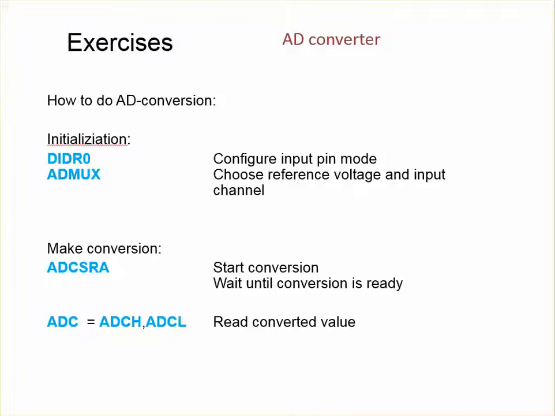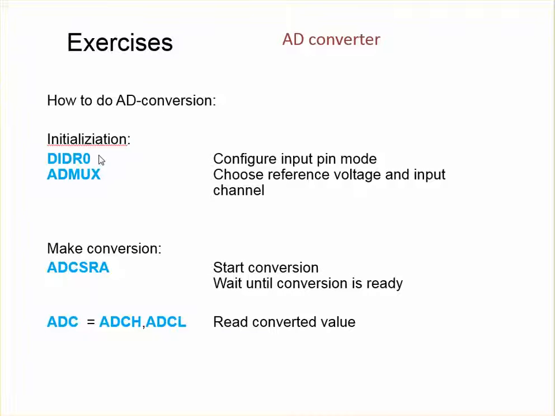First we have to do some initialization. We have to configure the input pins to the mode that we want, and if we would like to use some of the input pins for our analog voltage, we have to configure those input pins with this DDAR0 register.